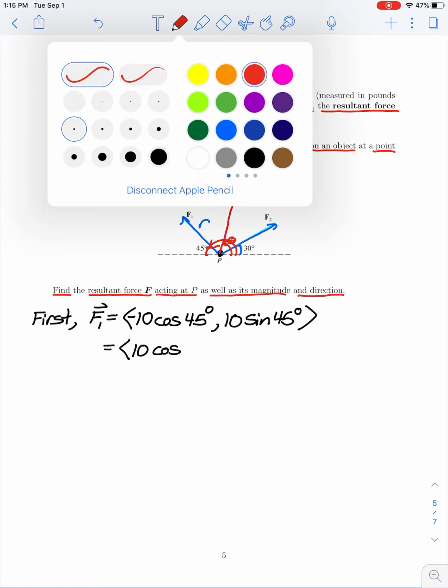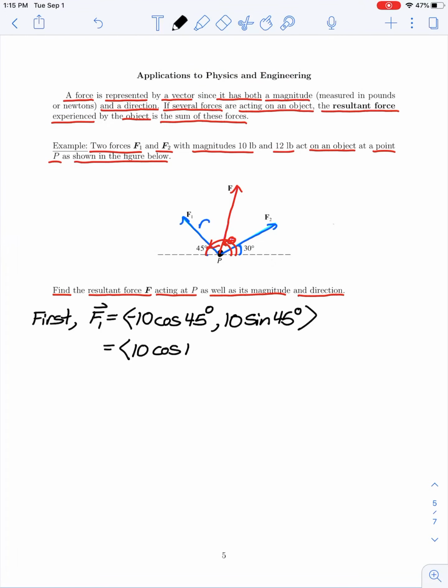So that would give us 135 degrees, and 10 times sine of 135 degrees. So either approach you use, you have for your first component 10 times cosine of 135 degrees or negative 10 times cosine of 45 degrees gives us negative root 2 over 2.